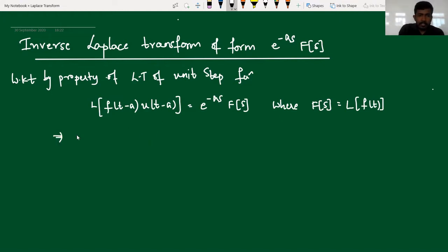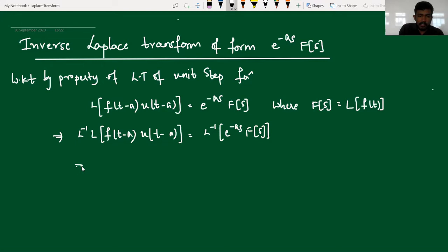If I take the inverse transformation on this equation, it becomes L inverse of L of f of t minus a into u of t minus a equal to L inverse of e to the power of minus as into capital F of s. So I can cancel out the inverse and the Laplace transformation.